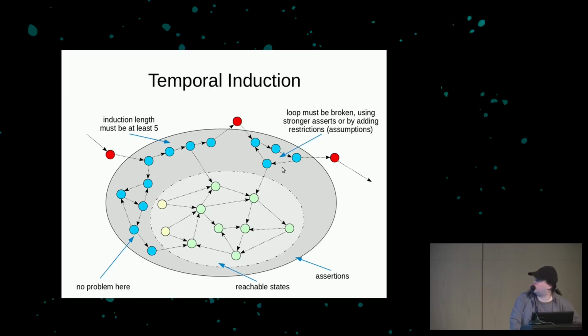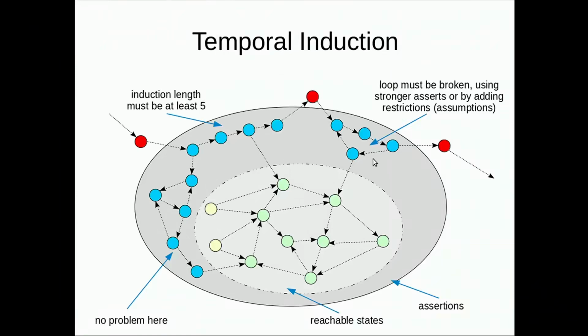So here, I can't just make the induction longer. I have to use something else. For example, I have to add an additional assertion to my design that invalidates one of those 4 states that built the loop. And if I do this, then I can prove this example by induction, because I don't have this loop there anymore.